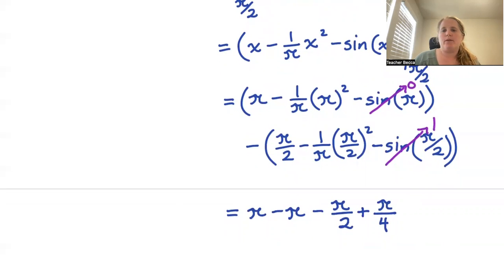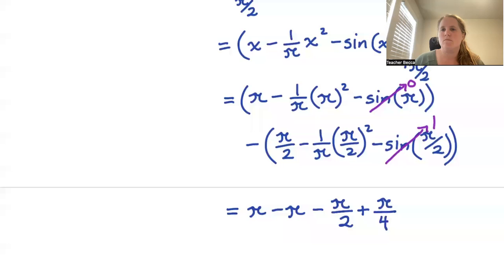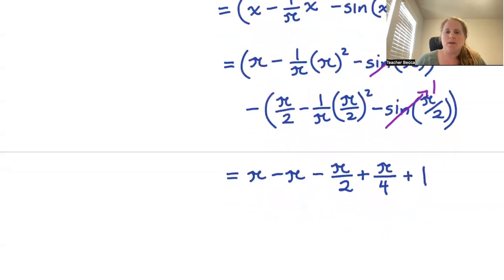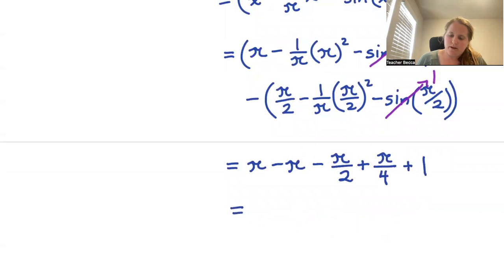So from here, we wind up with, sorry, I forgot my plus 1 on the end there. So we had a minus negative 1, so that will go to plus 1. And this winds up with exactly what we had before. We get 1 minus pi over 4 again. Those two regions were identical, just kind of rotations of each other. So it does work out that they are the same.